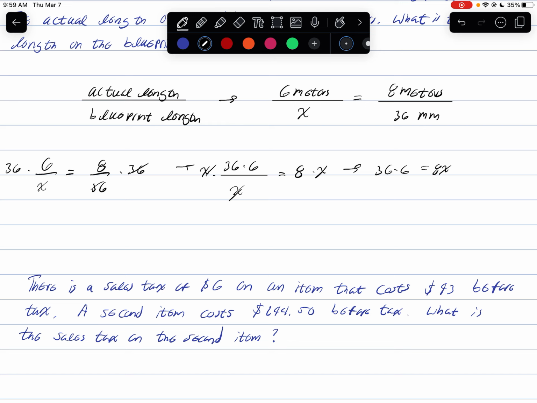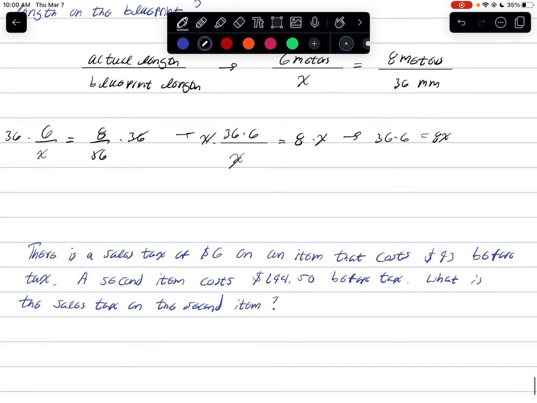So 36 times 6 is going to give us 216. So we have 216 is equal to 8X. Now we can divide both sides by 8, and that's going to give us that X is equal to 27.